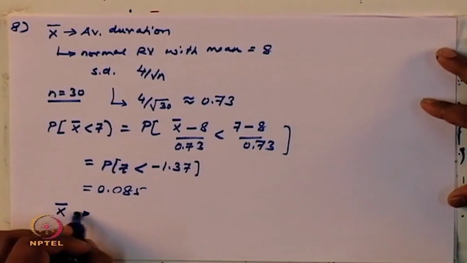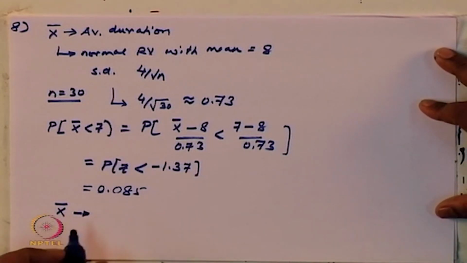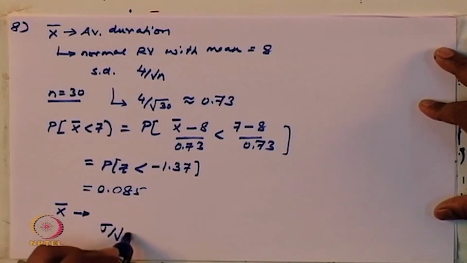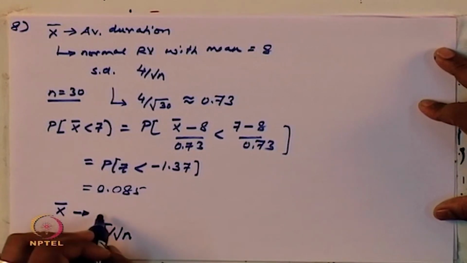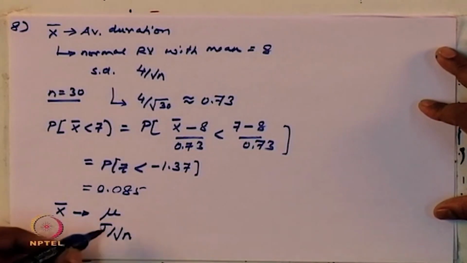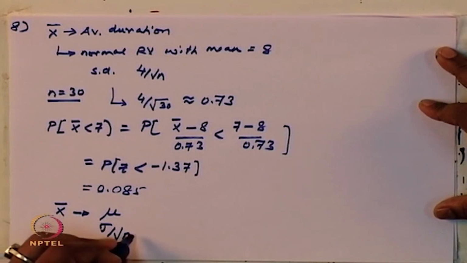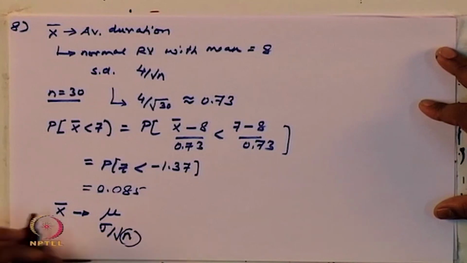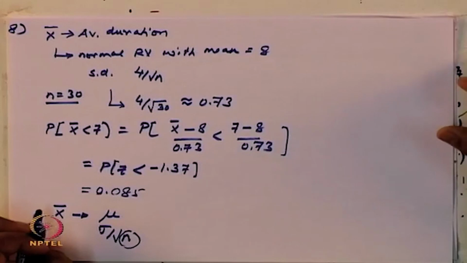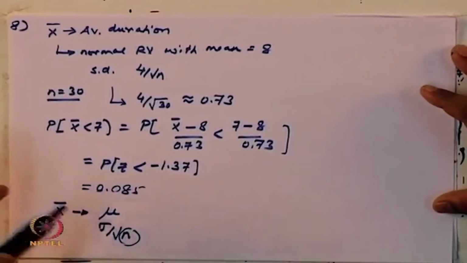The sample mean has the same mean mu as the random variable x, but its standard deviation is sigma by root n. Because of this scaling, when you increase the number of measurements, you get a much better estimate of the sample mean. With that, I will stop here and we will continue in the next class.